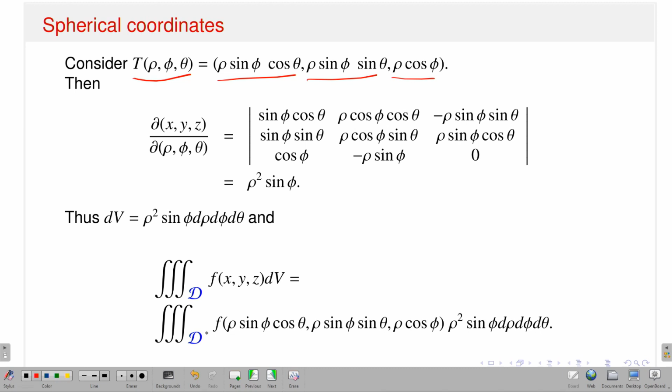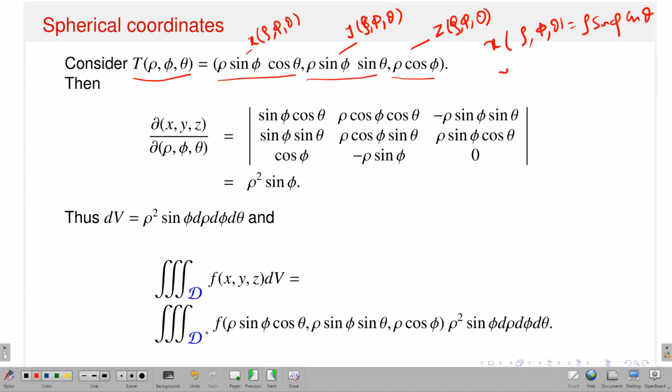So, you can write it as x of rho, phi, theta, y of rho, phi, theta, and z of rho, phi, theta. Therefore, what is your x? X of rho, phi, theta is rho sin phi cosine theta, y of rho, phi, theta is rho sin phi sin theta, and z of rho, phi, theta is rho cos phi.